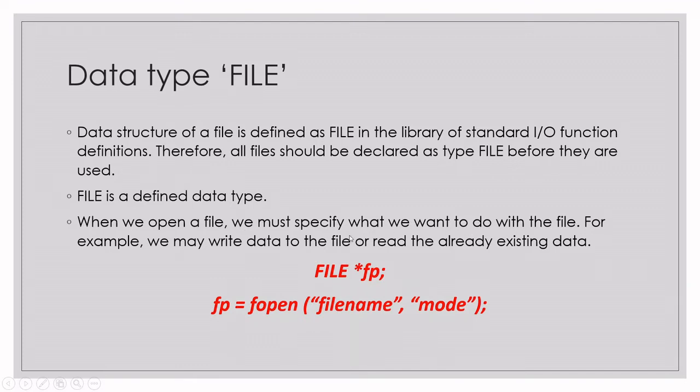For example, we may write data to the file or read the already existing data. So that is specified in the mode. The file name is given as the first argument. And FILE is a keyword, and that is a defined data type. Here in this case, fp is an identifier, and this is the name of the file pointer.